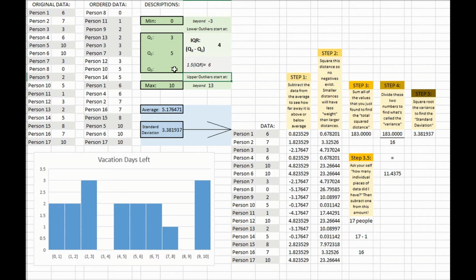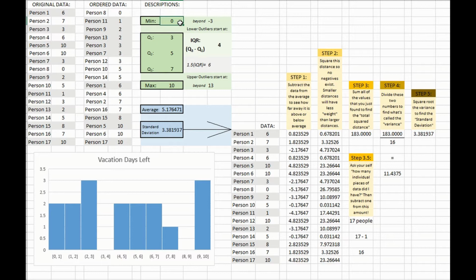So you can see 7 plus 6, that distance leads you to 13. Upper outliers will start beyond 13. Since 10 is the most number of vacation days left, I don't have any outliers up there. If I look on the left-hand side, because there can be outliers on the left of a distribution, 3 subtracting 6 produces negative 3, which you have to kind of think there's a natural boundary at 0 vacation days left.